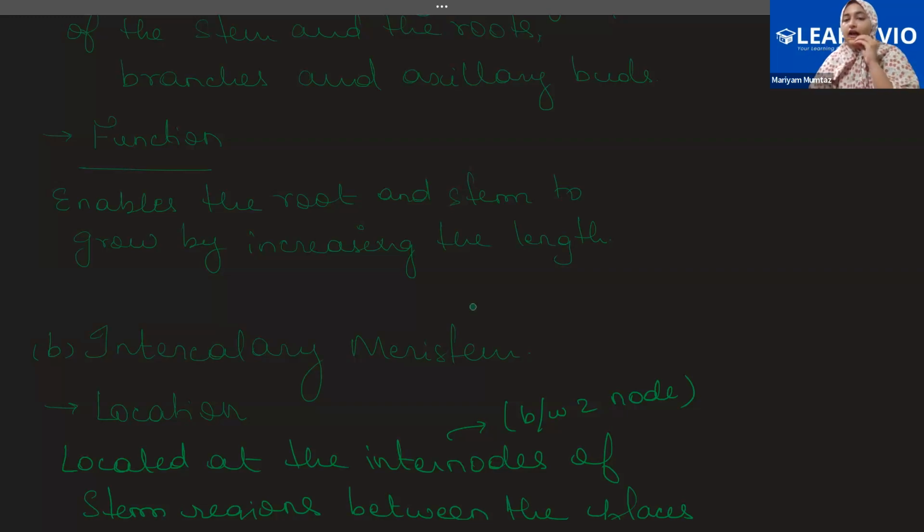Like, this is the level of the ground and these are the roots and this is the stem. As I told you, the apical meristem is present in the stem also, and in the root also. Now, in terms of root, where will it make the roots grow? Towards the ground or above from the ground? Towards the ground.